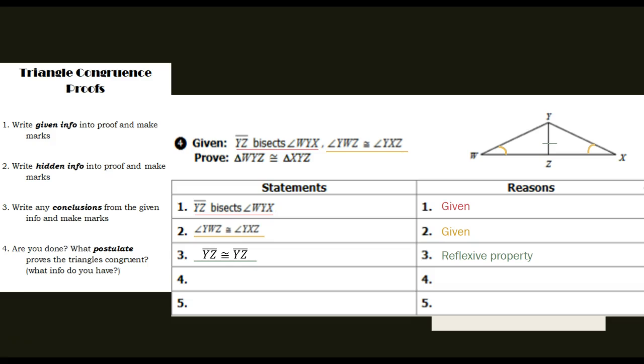We know that we put it in our proof, but we didn't make any marks for this red piece of information. And what we can conclude from this word bisect is that it cuts it directly in half. So therefore, we can say that that is equal to that angle. So we're going to write it in there and give our reason.